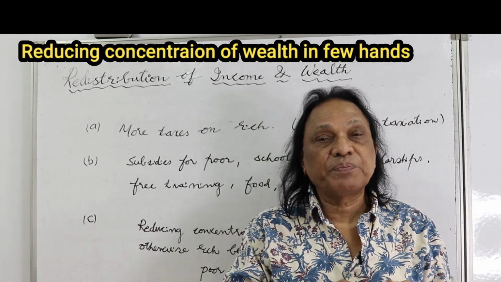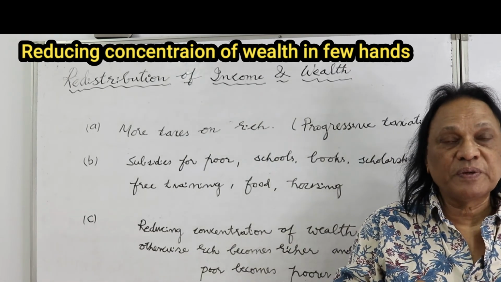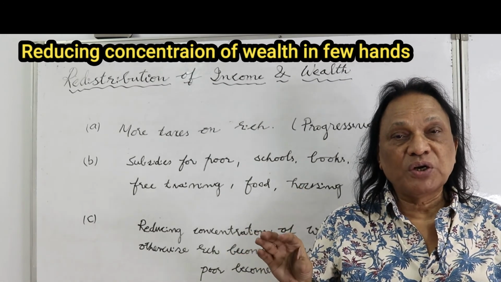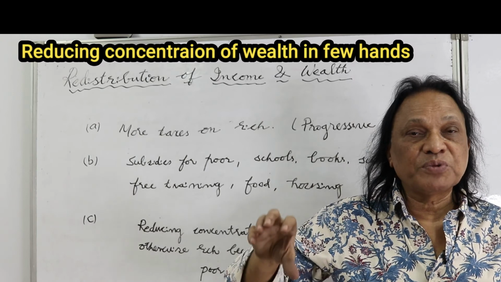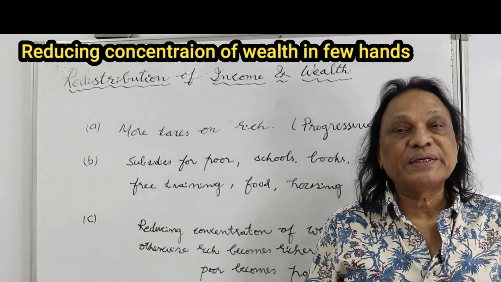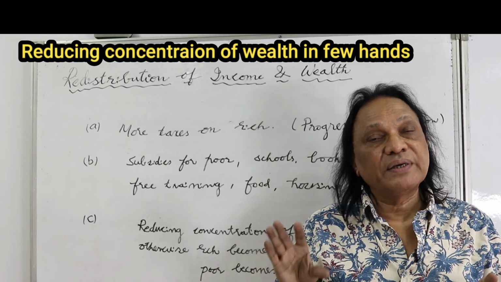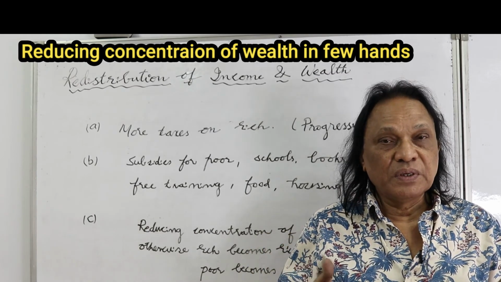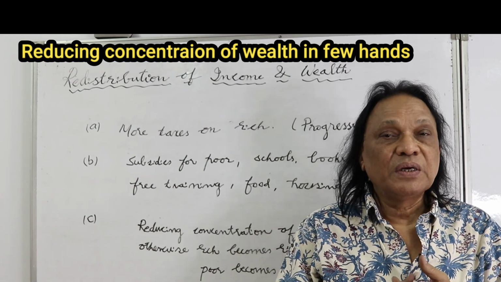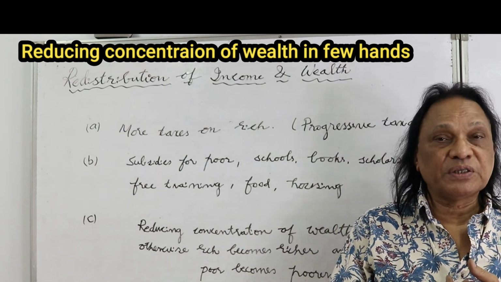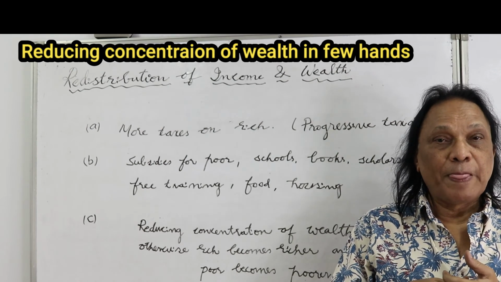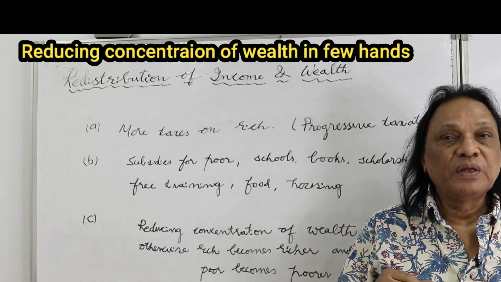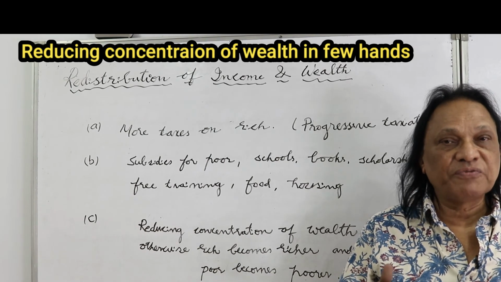And these taxes, which they collect from the rich, they should spend on the poor in terms of education, scholarships, subsidies, housing facilities, and free food and other basic necessities, so that their standard of living goes up. And finally, we should see that wealth is not concentrated in few hands, which is very harmful to the economy.